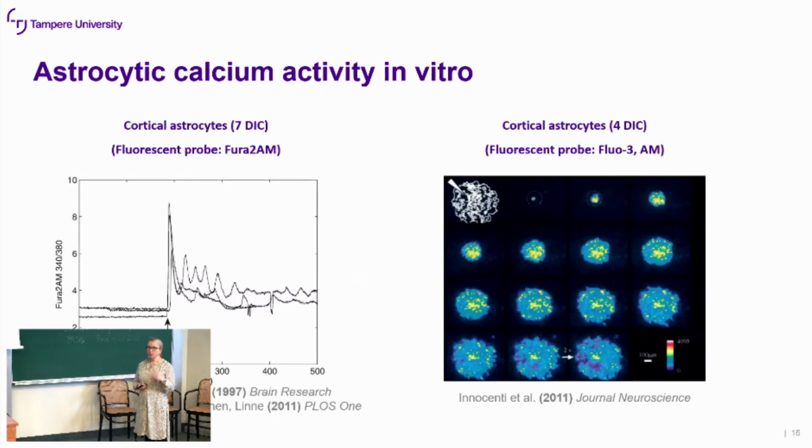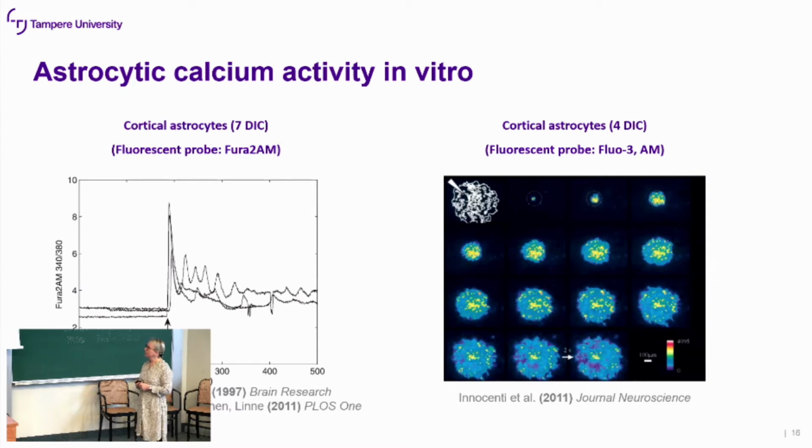Now we slow down the gears a little bit and go 30 years back in time and look at where the study of astrocyte physiology started, when it was discovered that astrocytic calcium activity is actually very important. These discoveries were made in vitro.